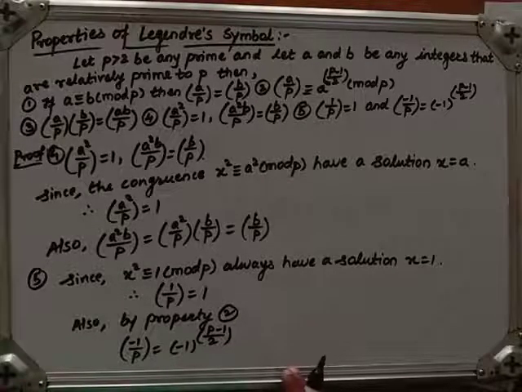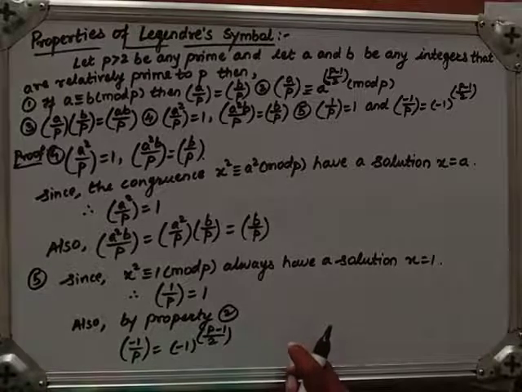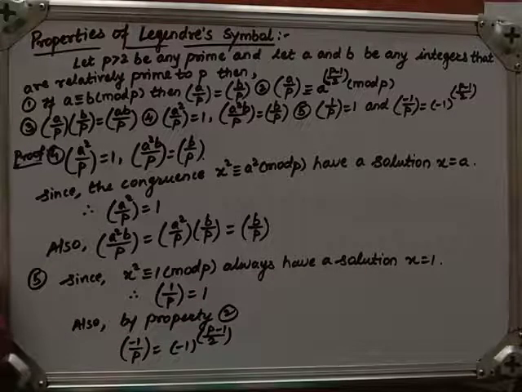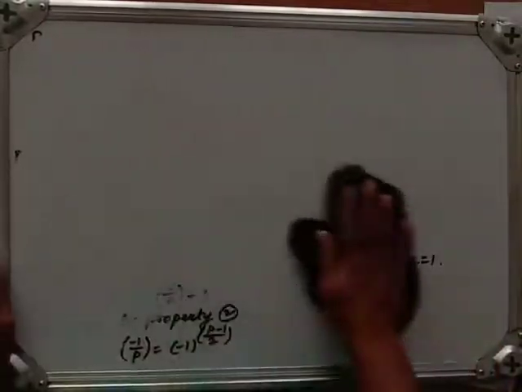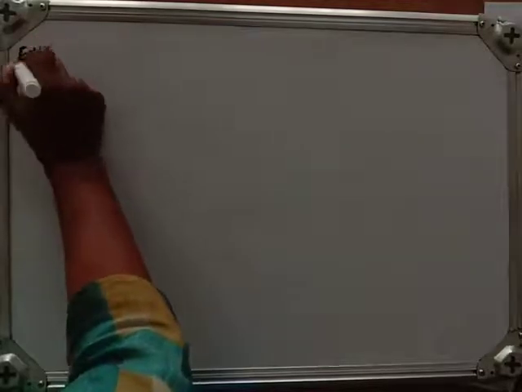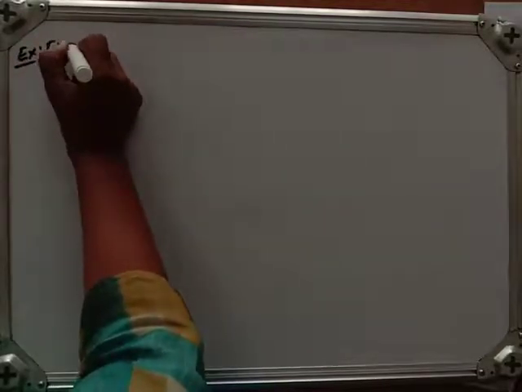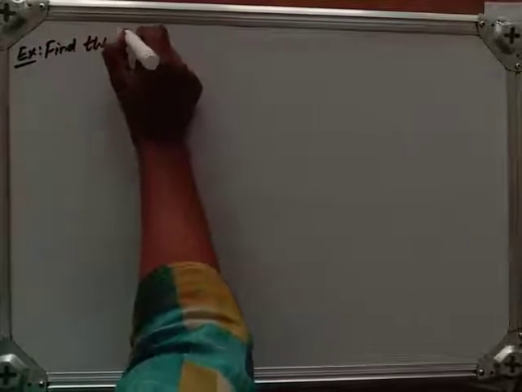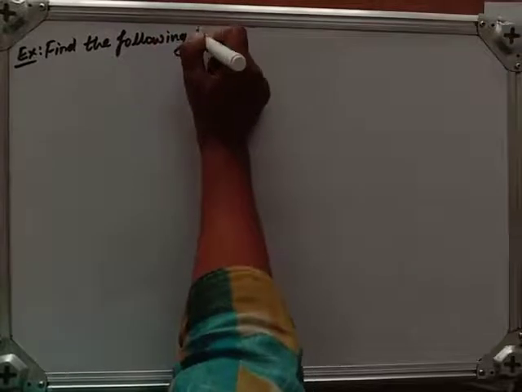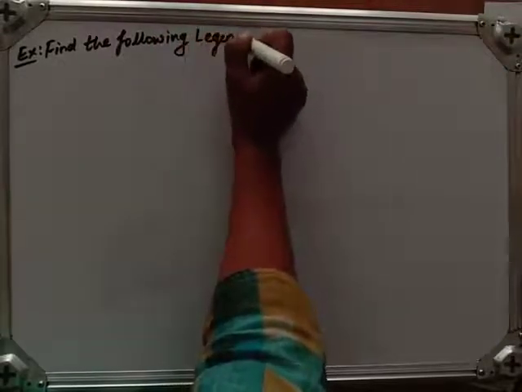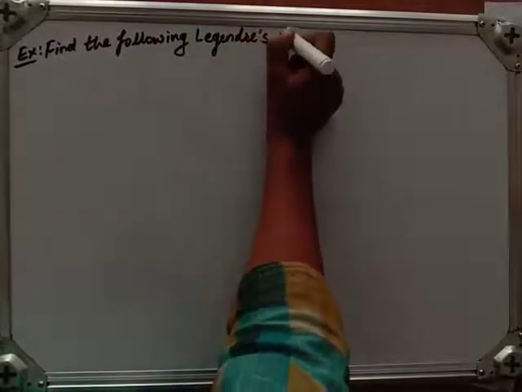Now, let's go for some small examples depending on these properties. Example: find the following Legendre symbols.